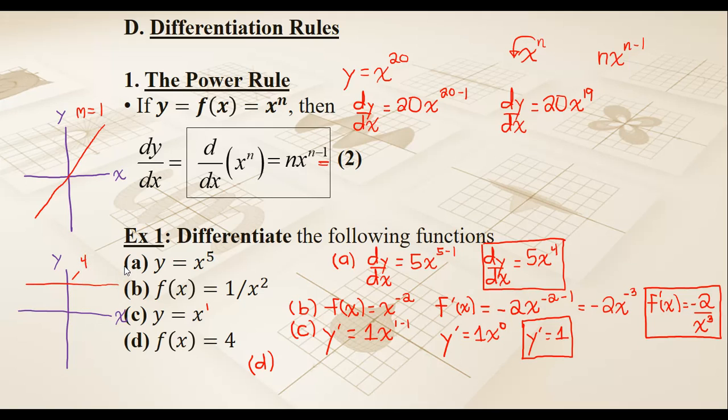So what's the slope of that line? Well, horizontal lines have a slope of m is equal to 0. So we should be able to take the derivative of this function and then identify that the slope is equal to 0.